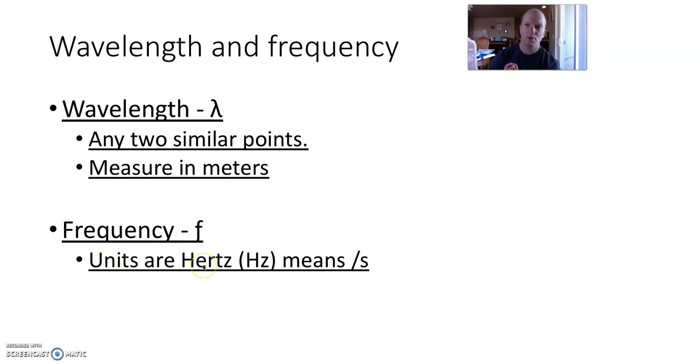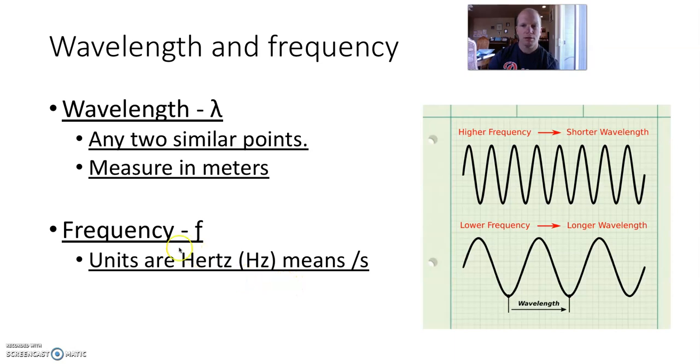The units for frequency, remember this, are hertz. So hertz means per second, okay? Wavelengths per second. All right, now in general, there's a relationship between these two things. The higher the frequency is, the shorter the wavelength, and the lower the frequency, the longer the wavelength. Okay, because hey, when we've got shorter wavelengths, we can pack more wavelengths into 1 second, right?